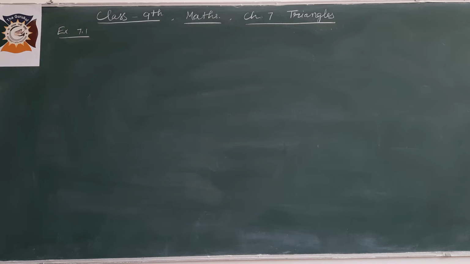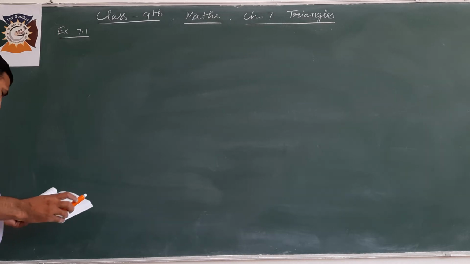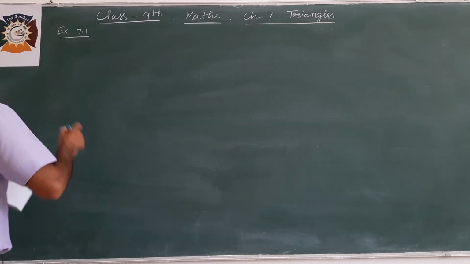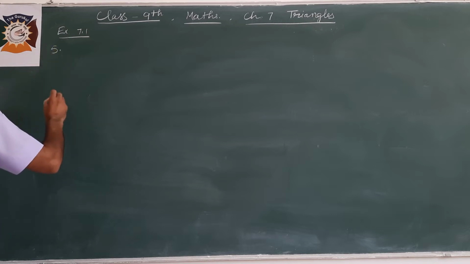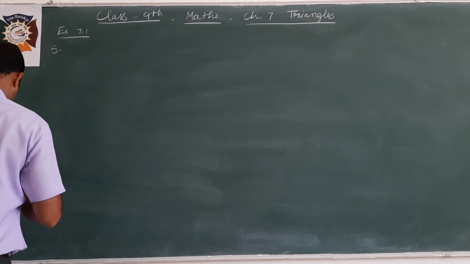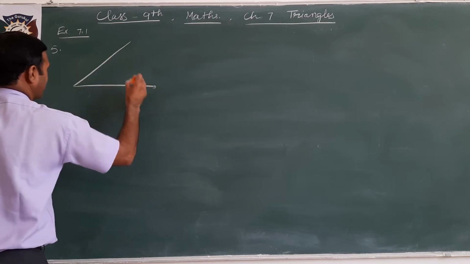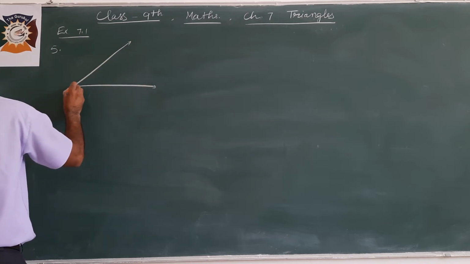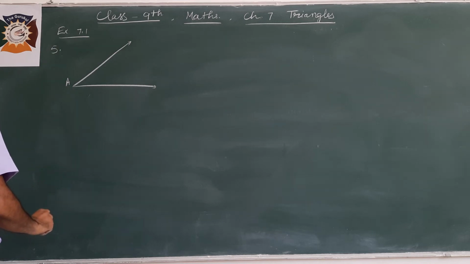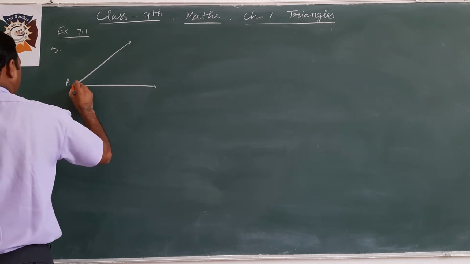What is in question number 5? Line L is the bisector of an angle A. Angle A is given like this at point A, and a line L is the bisector.